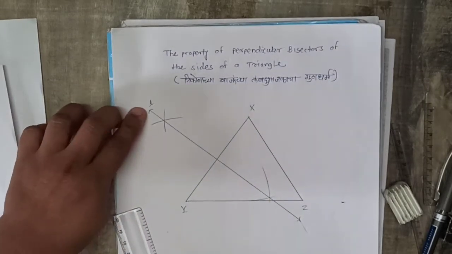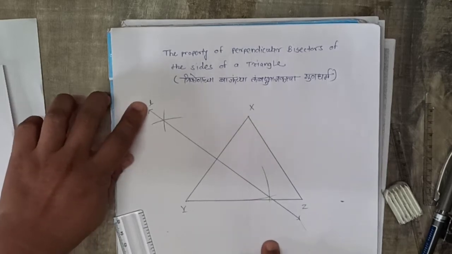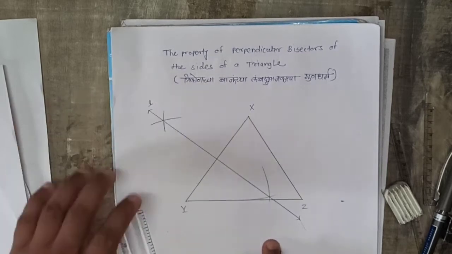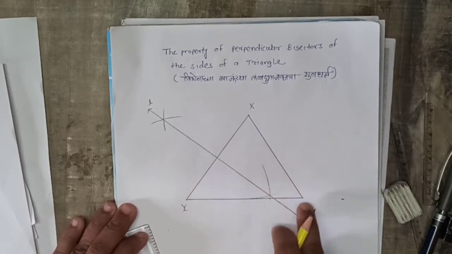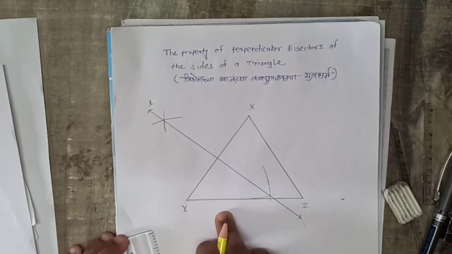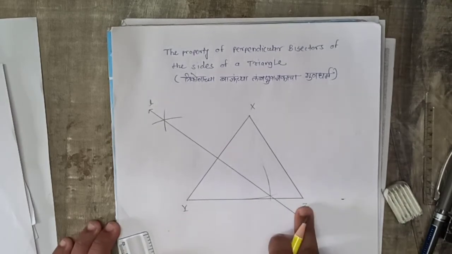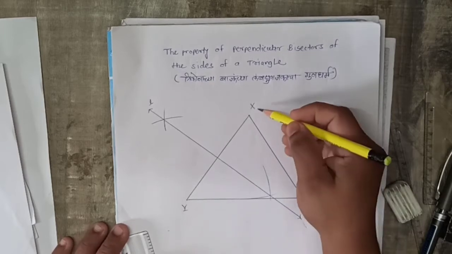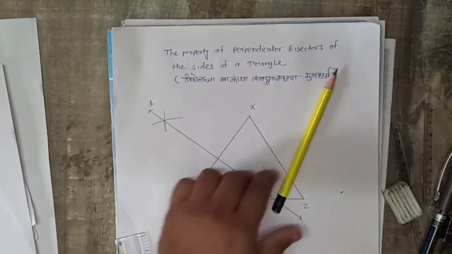When we give a single name to a line, it must be in a small letter and at one side. So like this, draw all the three perpendicular bisectors of all the sides. So draw perpendicular bisector of YZ like this way, and draw perpendicular bisector of XZ like this way.